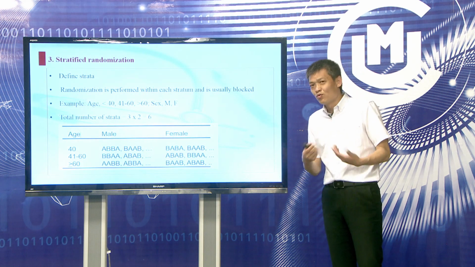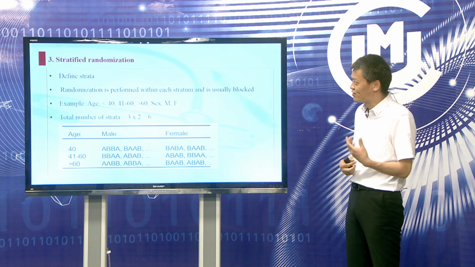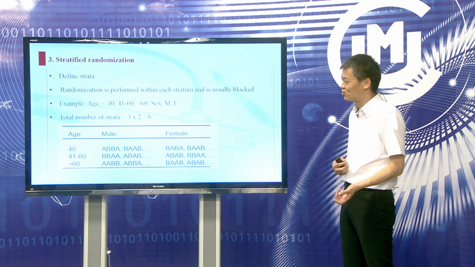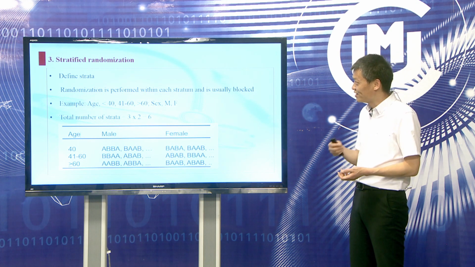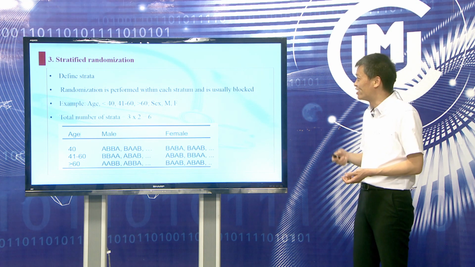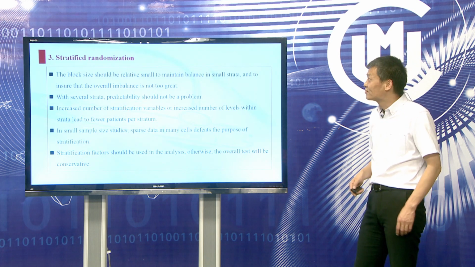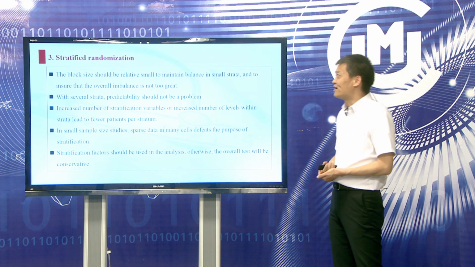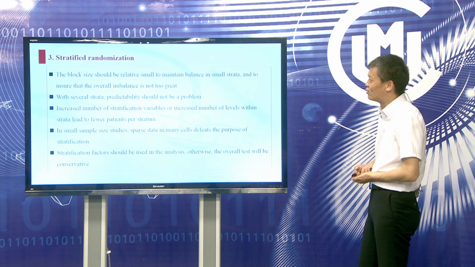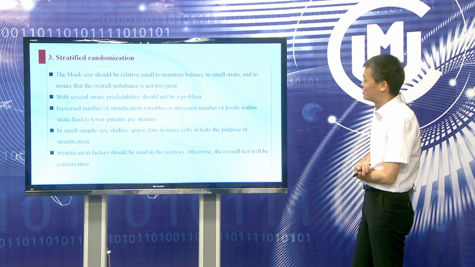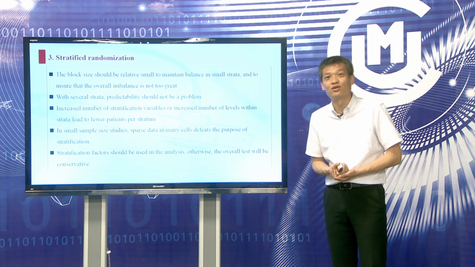When you implement stratified randomization, first you have to define the strata. Then randomization is performed within each stratum, usually blocked. This is an example. The block size in stratified randomization should be relatively small to mitigate bias in small strata and to ensure that the overall imbalance is not great.